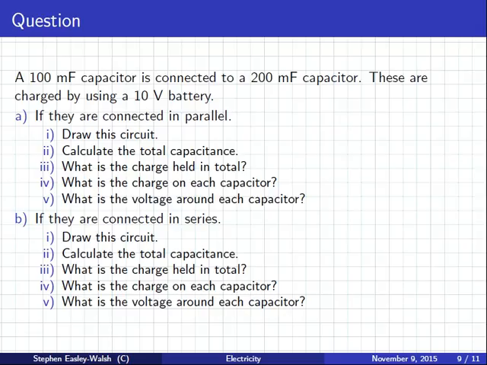What's wrong, Tuan? I want you to draw. A capacitor. What's a capacitor?